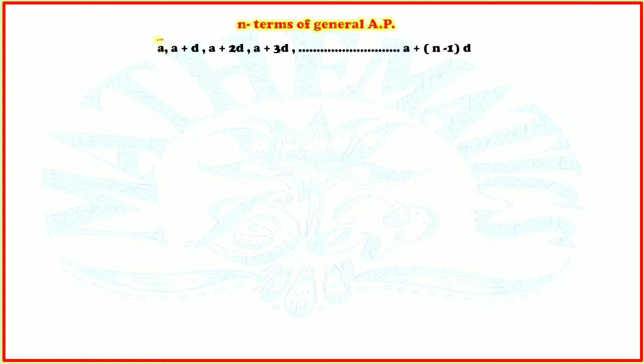The first term is always denoted by a, and then the common difference is added, like in the previous question, where the fare for the second kilometer was rupees 8, and then for the third and fourth we added again. Similarly, the first term is a, the second term is a plus d, the third term is a plus 2d, the fourth term is a plus 3d. Similarly, the nth term will be a plus n minus 1 into d. This is the way we will write all the general terms.